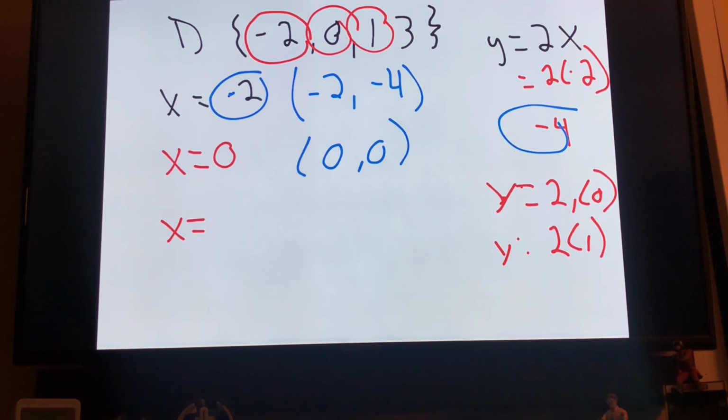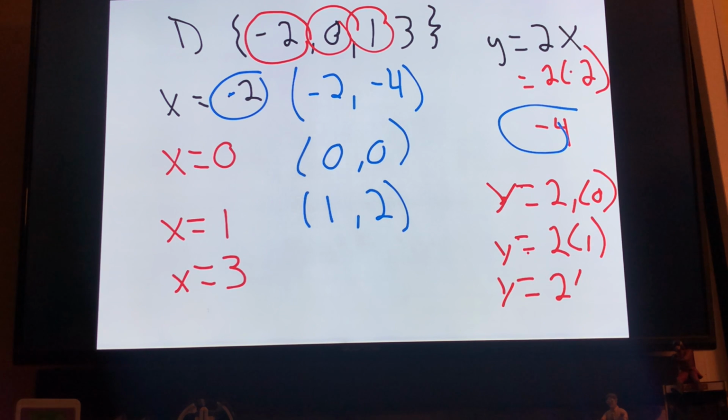If it's 1 here, our ordered pair is 1, 2. And so on and so on. Let's do the last one here since we're already this far. It says X equals 3. So I take Y equals 2 times 3, which gives me what? 6. So my ordered pair here is going to be 3, 6.